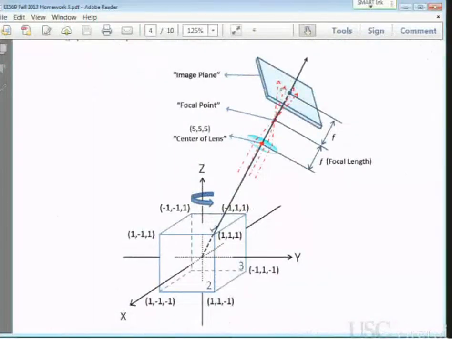So when you start from the pixel here, and then you go through this formula and try to come back, you need to solve the equation to find the intersection. Here's x, y, z, but you have to solve the intersection. So what's the intersection point here?